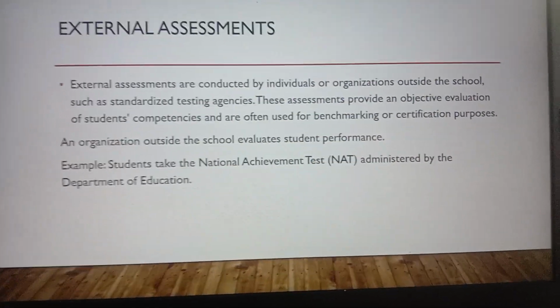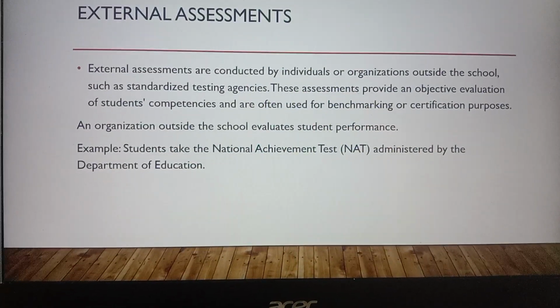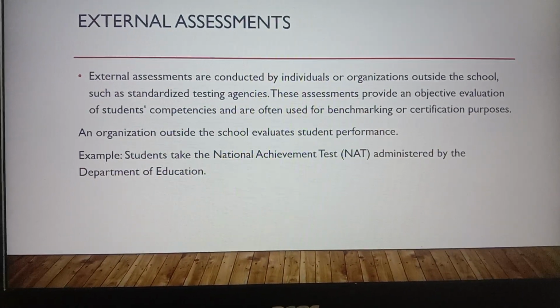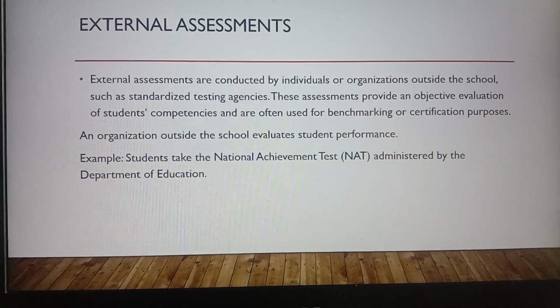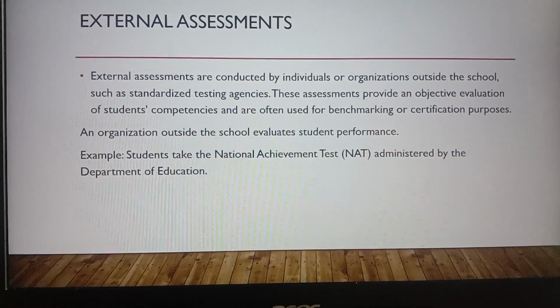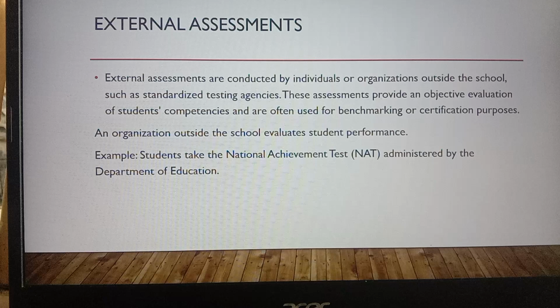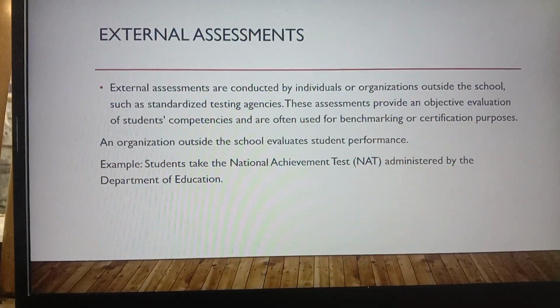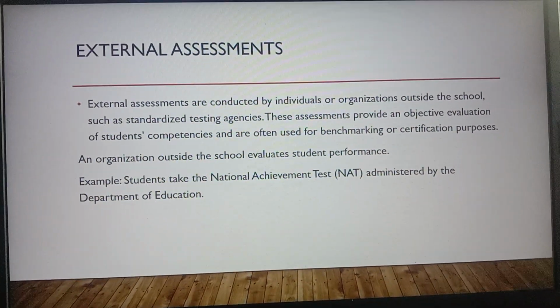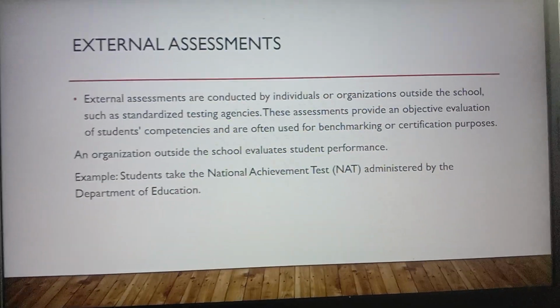So, an organization outside the school evaluates student performance. An example of this is when students take the National Achievement Test, administered by the Department of Education.